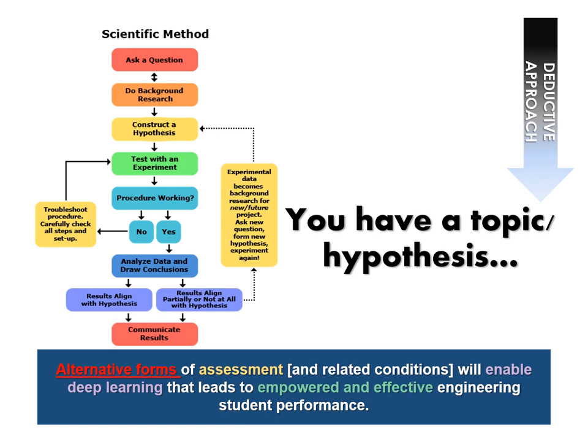Now, we also run this in the more qualitative studies, where we also start with a hypothesis. We could have taken that same question that we came to through that inductive process and taken a deductive approach and said, okay, alternative forms of assessment and related conditions will enable deep learning that leads to empowered and effective engineering student performance.